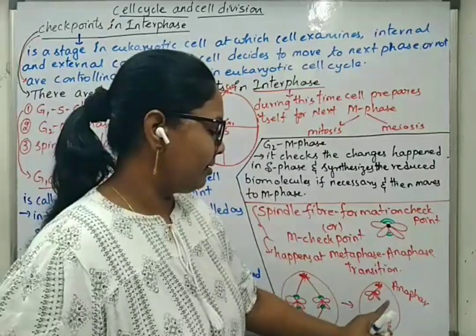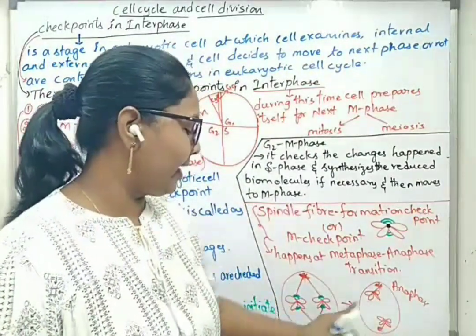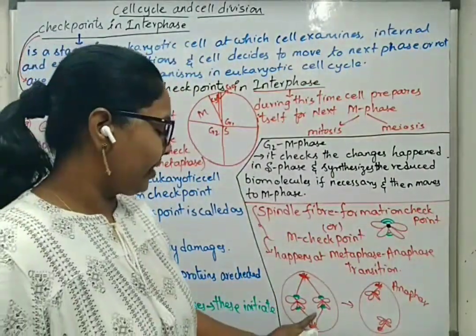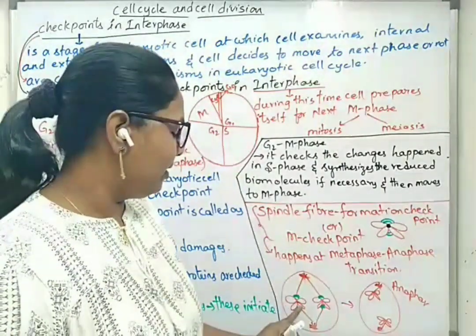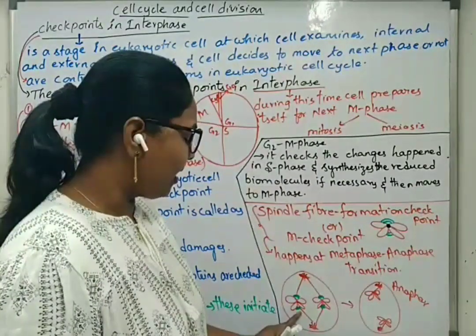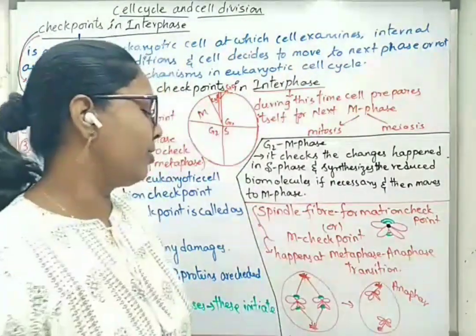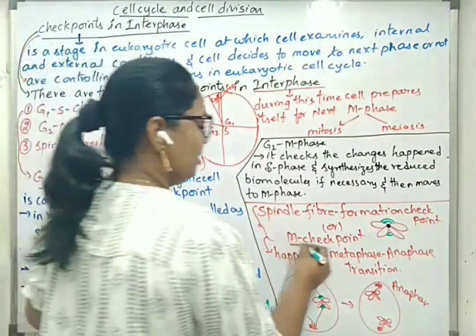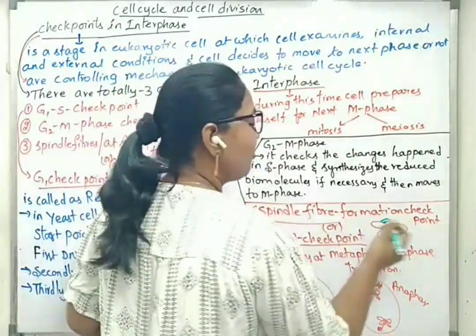At metaphase ending, the cell checks whether the spindle fibers formed from the centrioles are attached to the kinetochores properly or not. This is called the M checkpoint or spindle fiber formation checkpoint.